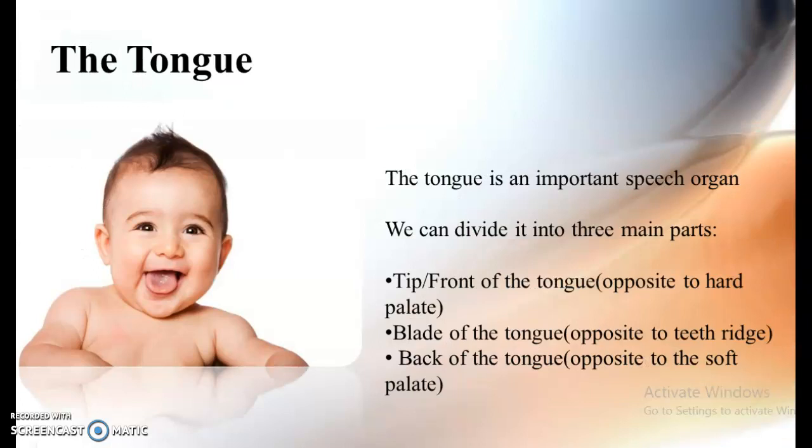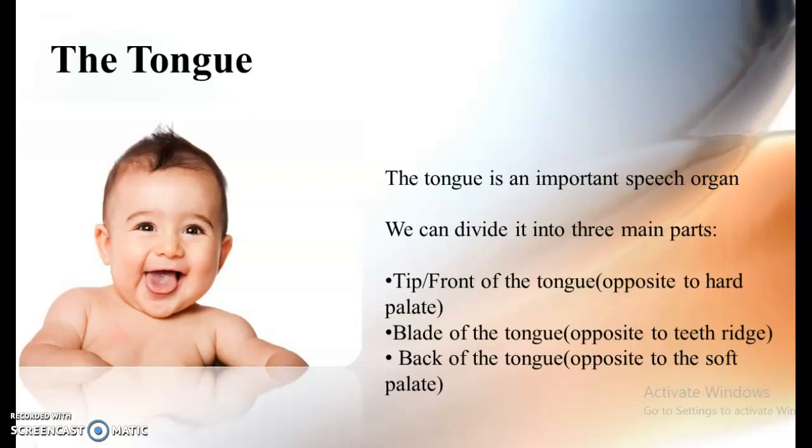The tongue is a very important speech organ. It is movable. The tongue can be brought to different directions. It can be pulled forwards, can be curled backwards, and can be brought to both the sides. Now, for the purpose of our study, we will divide the tongue into three. Now, the extremity of the tongue is known as the tip or point.